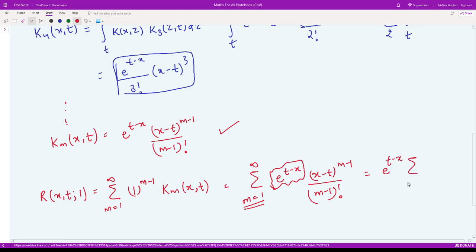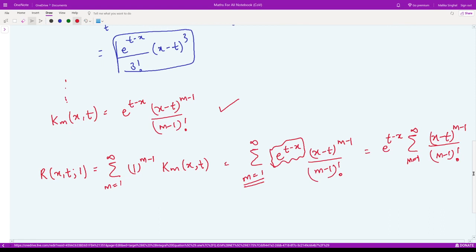So we are left with summation from 1 to infinity of x minus t raised to power m minus 1 divided by m minus 1 factorial, right? So it would be e to the power t minus x times 1 plus x minus t plus x minus t raised to power 2 by 2 factorial.